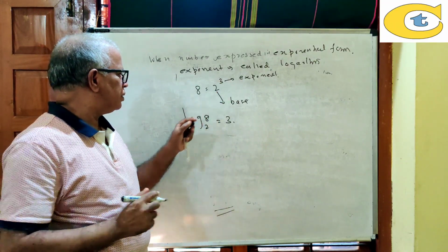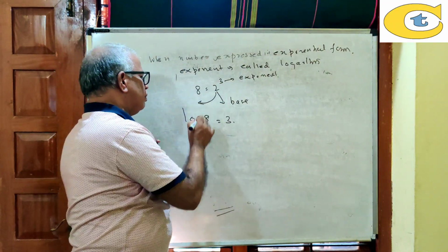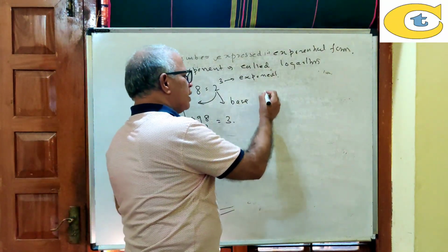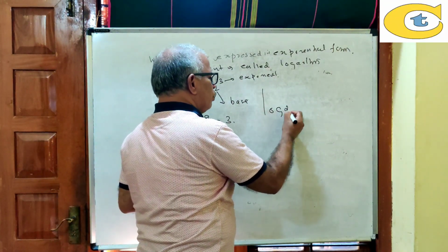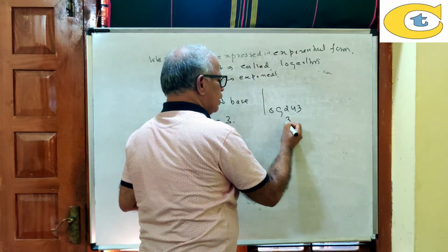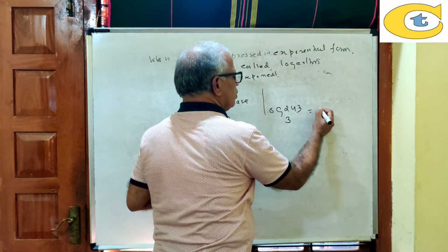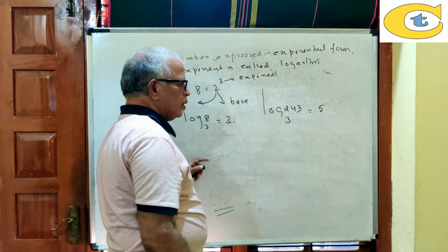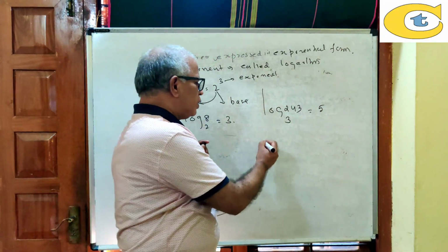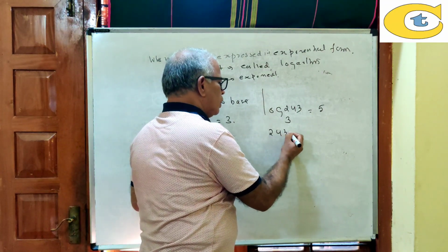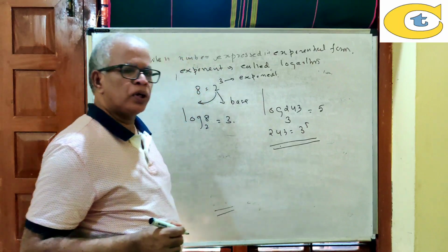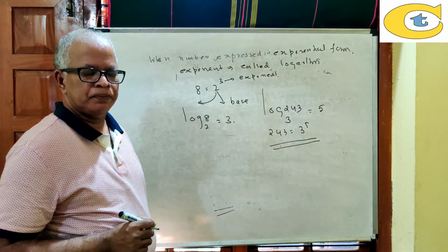Similarly, logarithm of 243 to the base 3 is equal to 5. How do you write this one? 243 is equal to 3 raised to 5. This is the inverse relation.